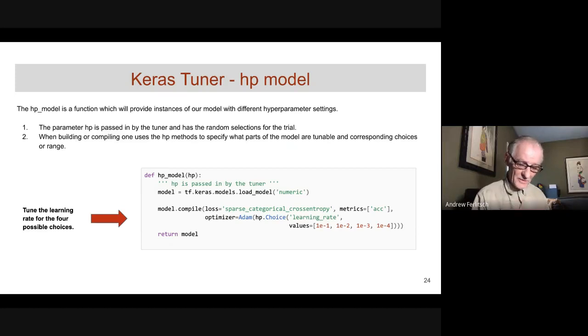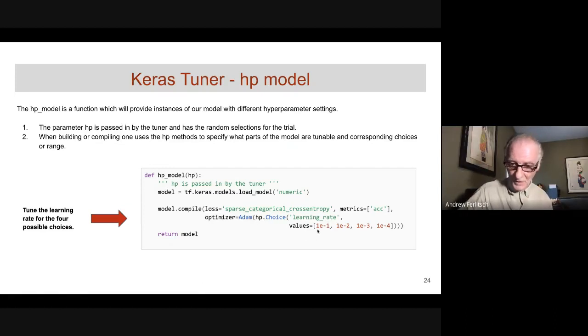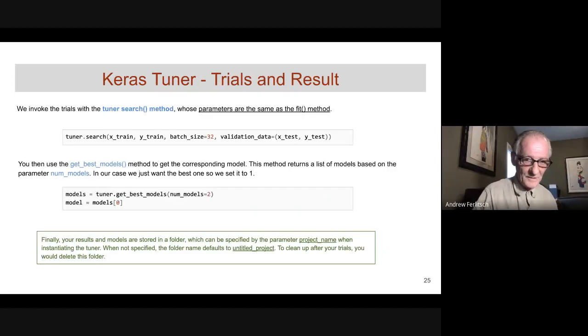And that's where the random part is going to come from, where it's going to randomly pick combinations. In this case, I kept it simple. There's really only one variable here. And I'm saying the random choices to pick from are these 4 values. And it's going to randomly pick one, configure it, and return that model.